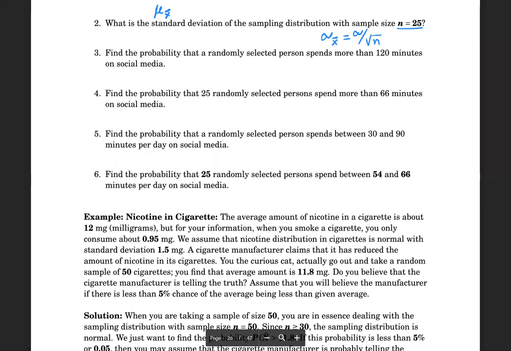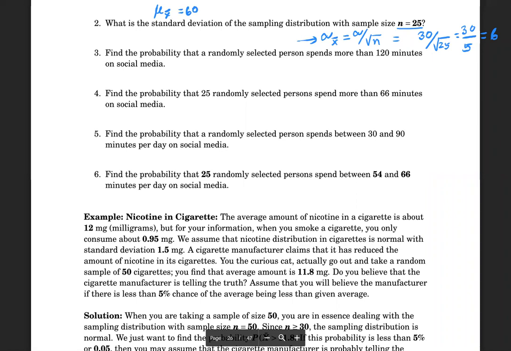So I took 30 divided by the square root of 25. Perfect. So 30 over the square root of 25, which is 5, is going to give you 6. So sigma sub x bar is equal to 6, and mu sub x bar was 60. Great.